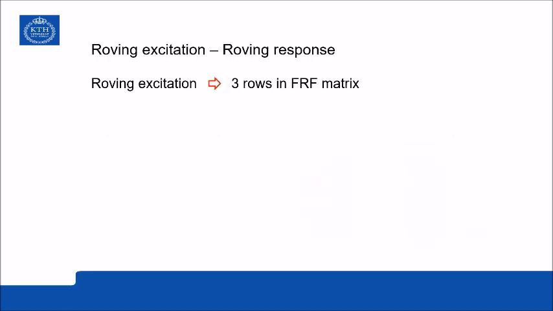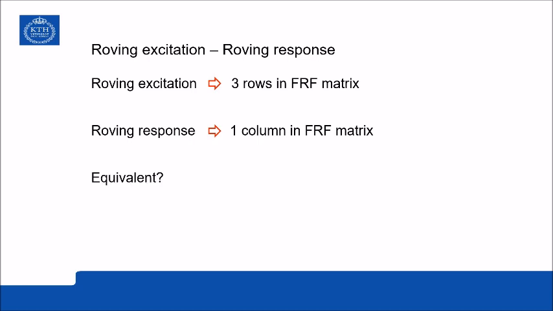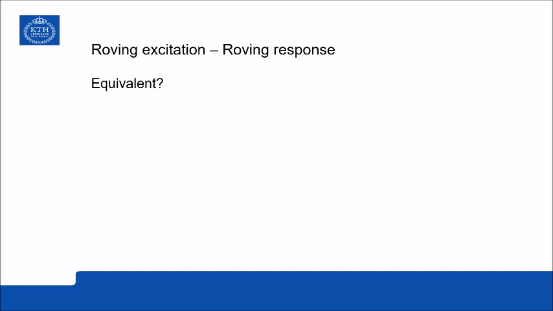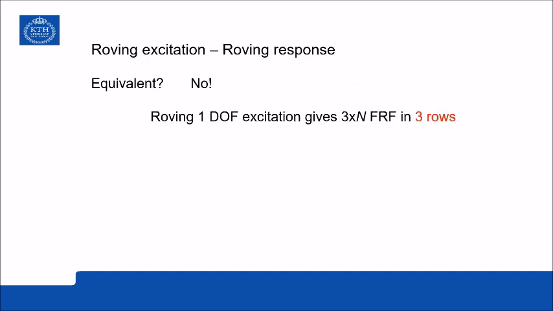So to compare now, 3 rows in the frequency response function matrix or 1 column in the frequency response function matrix? Are these equivalent? Do they contain the same information? What are the pros and cons, advantages or disadvantages? Are they equivalent? No, they are not.